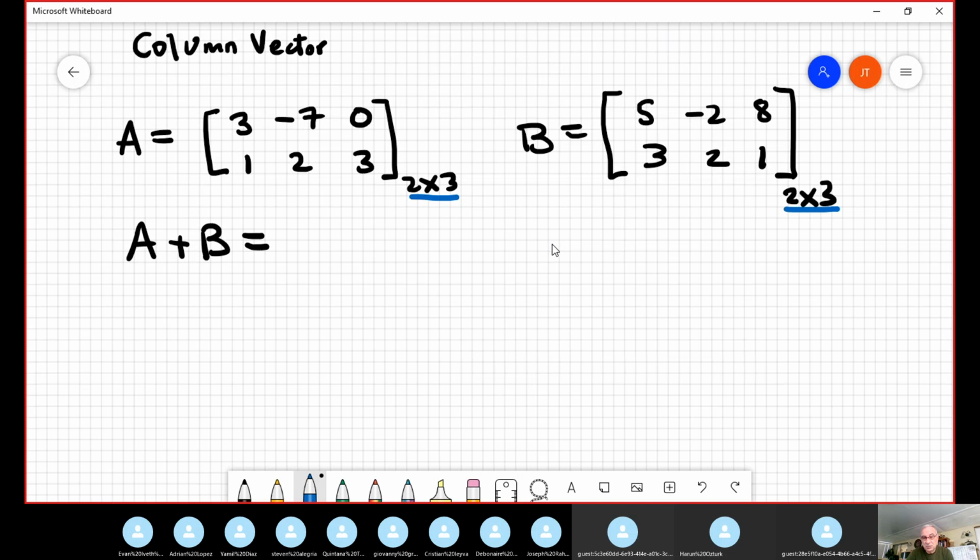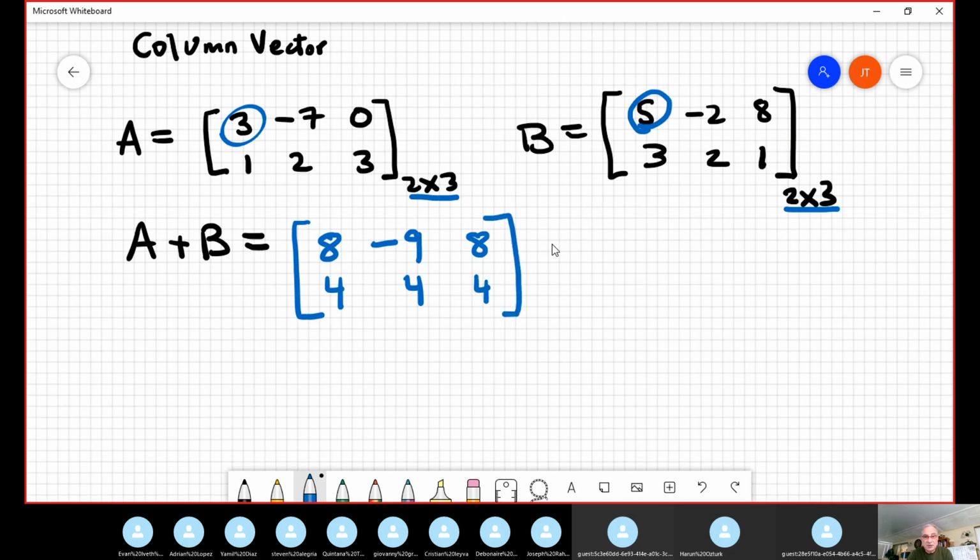If the dimension is different, we can't. You add one by one: 3 plus 5, 8. -7 plus -2, -9. 0 plus 8, 8. 1 plus 3, 4. 2 plus 2, 4. It's a coincidence. And 3 plus 1 is 4 again. And this new answer is again 2 by 3, exactly the same as the original.